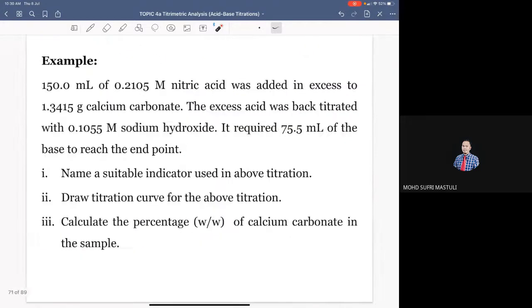All right. So here is some example calculation related to back titration. I think we can do it together.